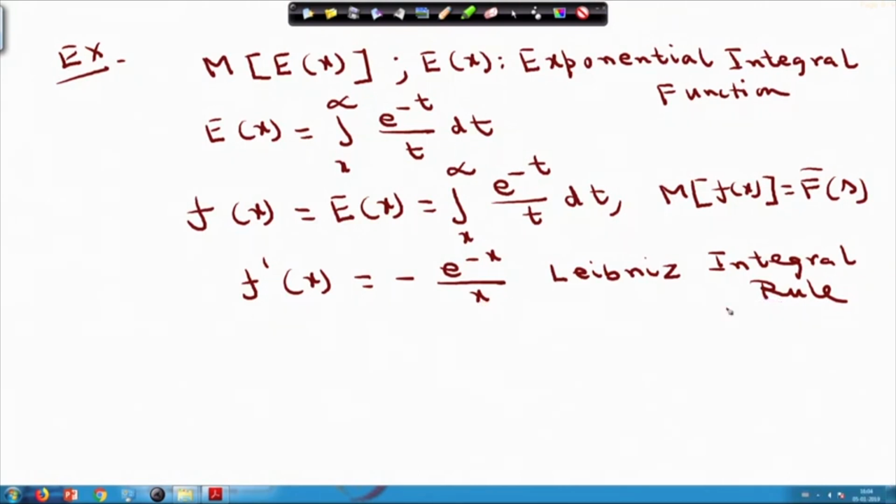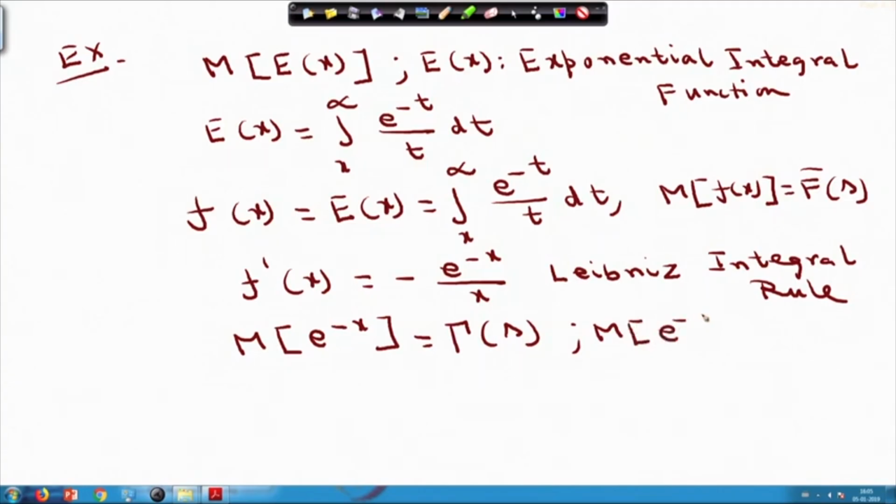Now, the Mellin transform of e to the power minus x is equal to gamma s. If you recall, in the last lecture we did the Mellin transform of e power minus x equals gamma s by a to the power s.